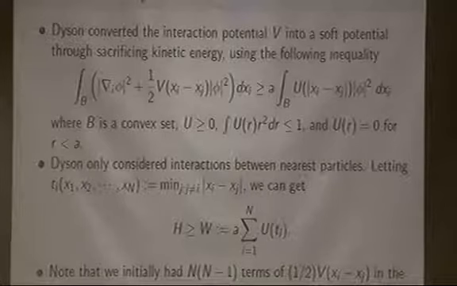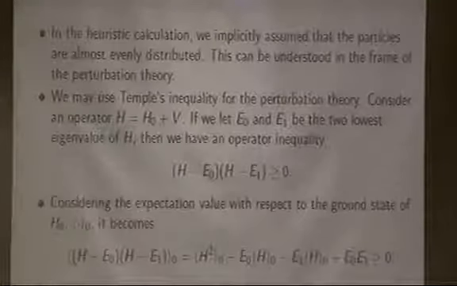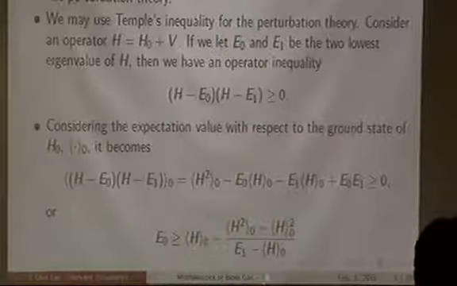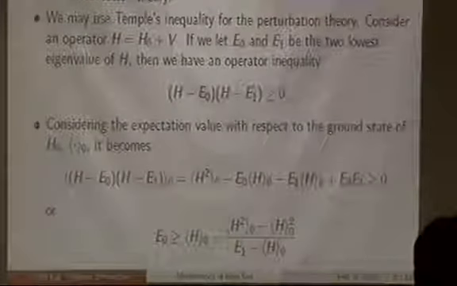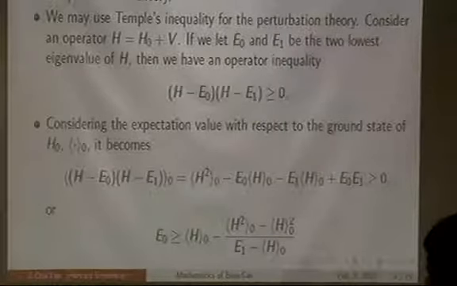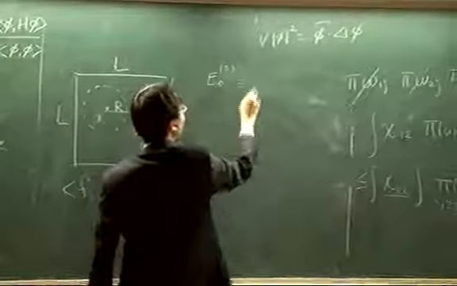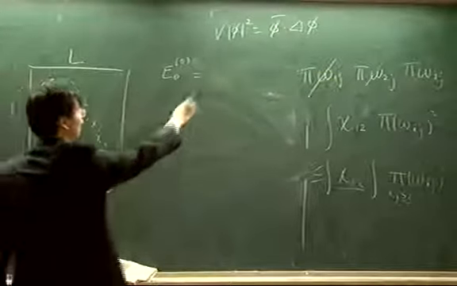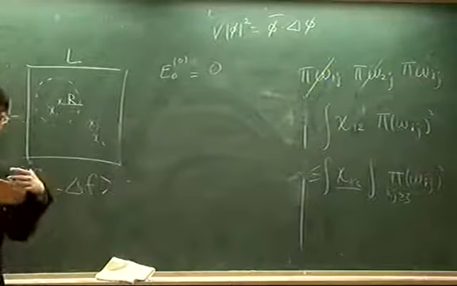But then how can we use the perturbation? The problem is that when you use the perturbation, we have E1 minus H, and this E1 must be much larger than this H. But then when you have this box, E0,0, which is the ground state of this H0, the kinetic energy is 0 when you have the constant wave function.